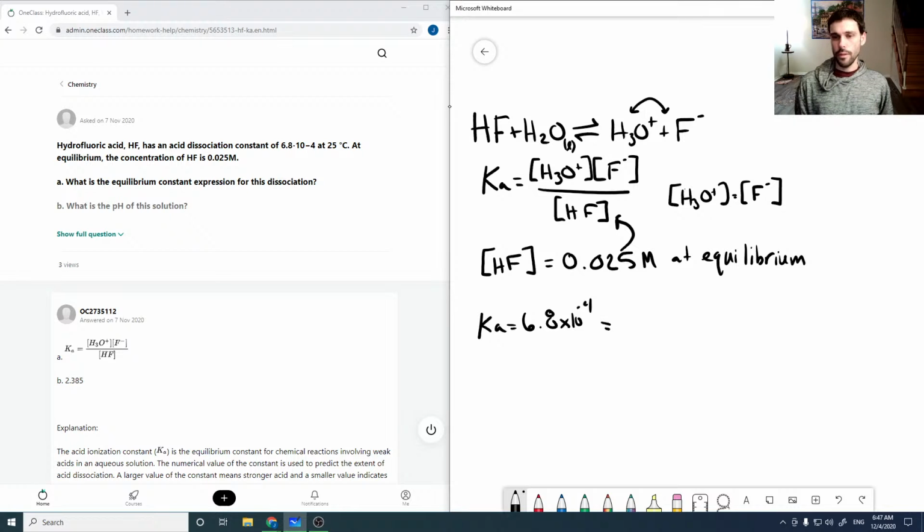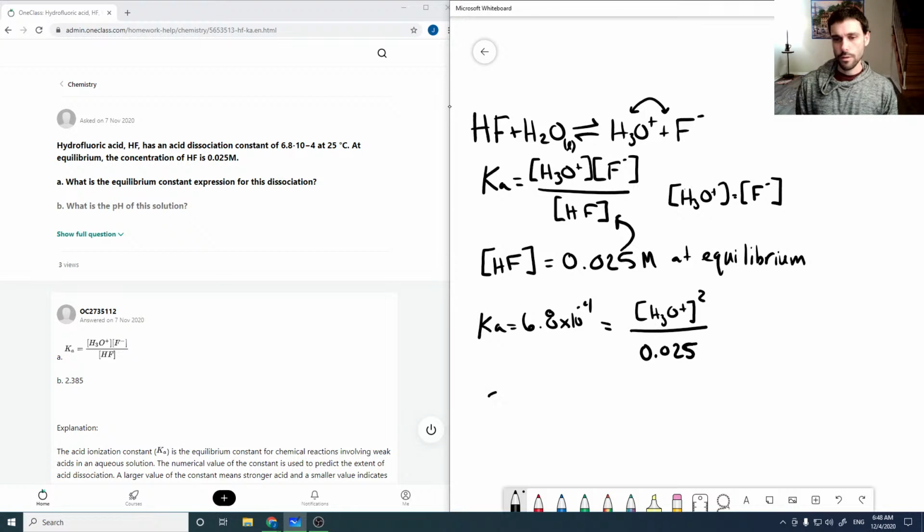And so this value must equal our H3O plus concentration squared over our HF concentration, which is 0.025 molar. I'll get rid of that actually. The units are kind of funny with equilibrium expressions, so it's best to just drop them.